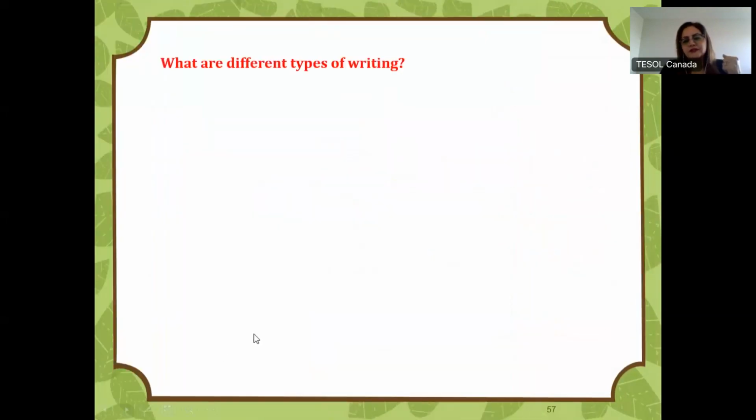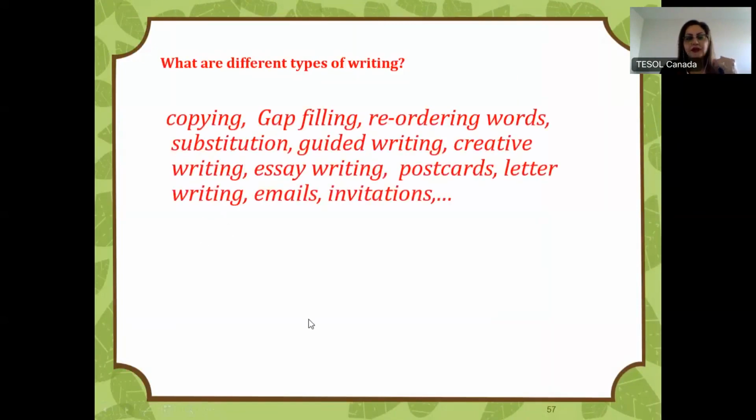What are different types of writing that children can practice? Yes, copying, gap filling, reordering words, put the jumbled words in an order, substitutions, guided writing, like give them some questions and ask them to answer.